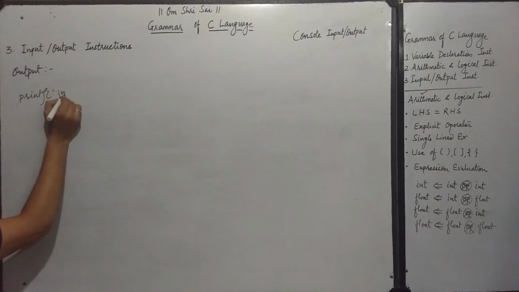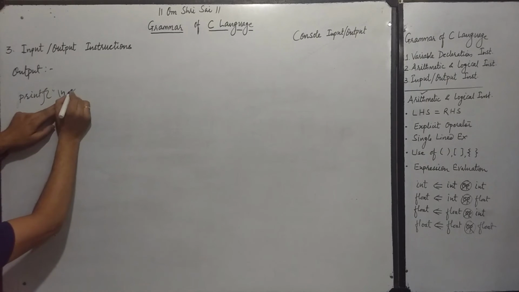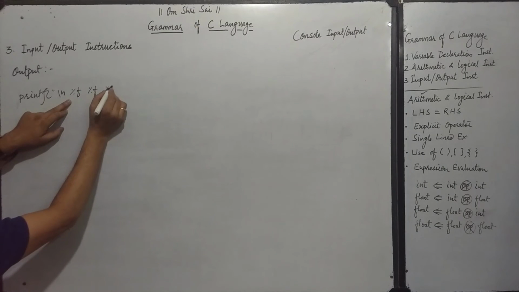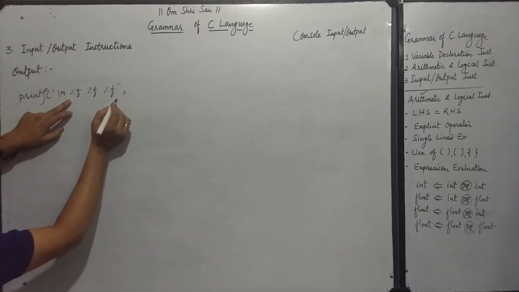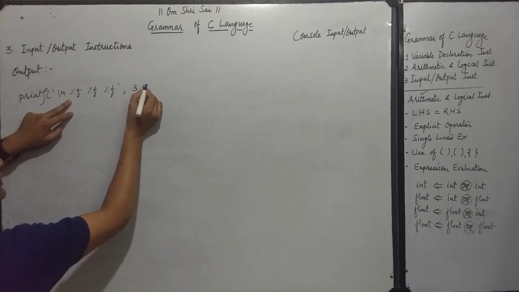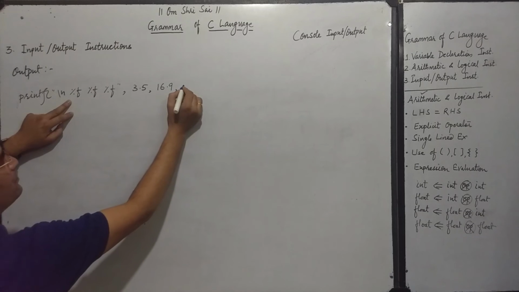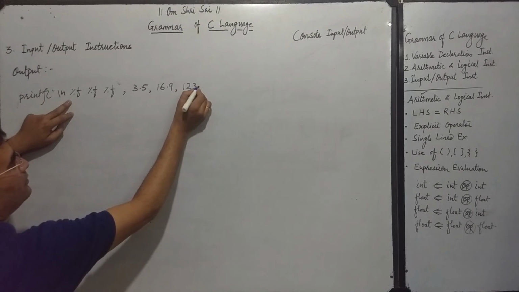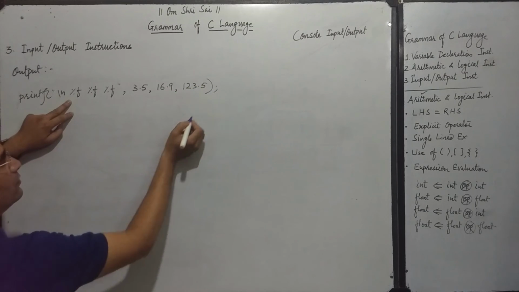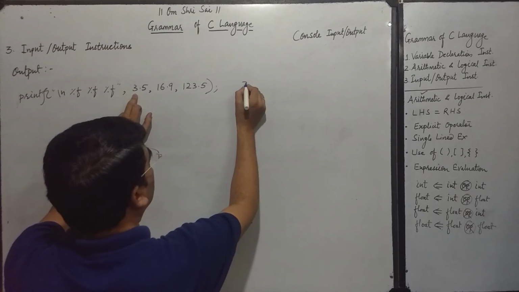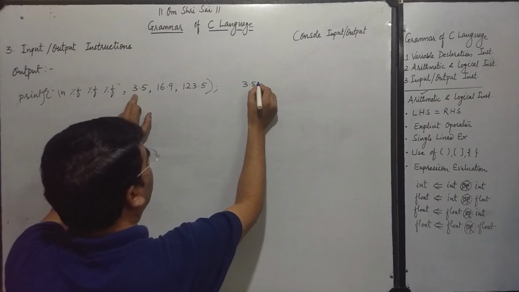If I write printf \n, the \n is for new line, %f %f %f, comma, let's say 3.5, comma, 16.9, comma, 123.5. What will be the output? The output will be 3.5.